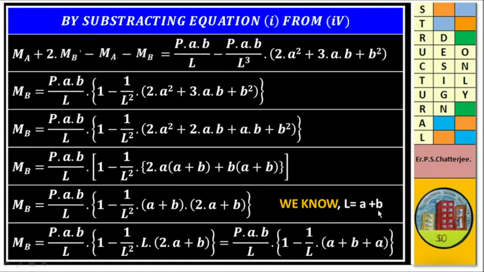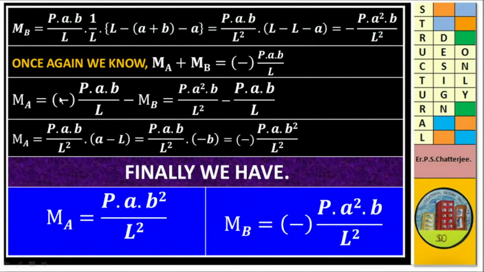Again we know L = A + B. Therefore MB = P A B/L × [1 - 1/L × (A + B + A)], since 2A = A + A. So MB = P A B/L × 1/L × (L - A - B - A)... which simplifies to P A B/L² × (L - A) = -P A² B/L².